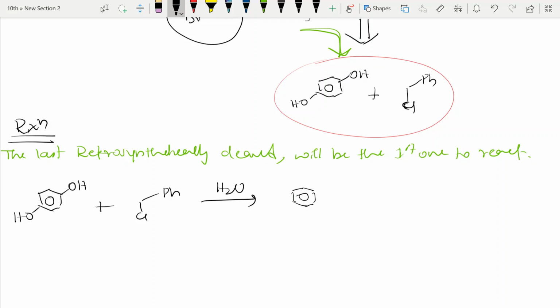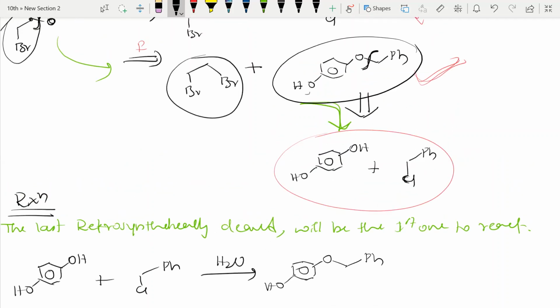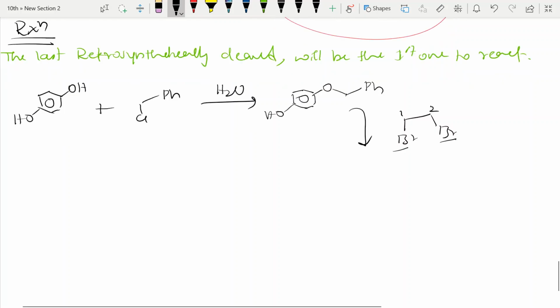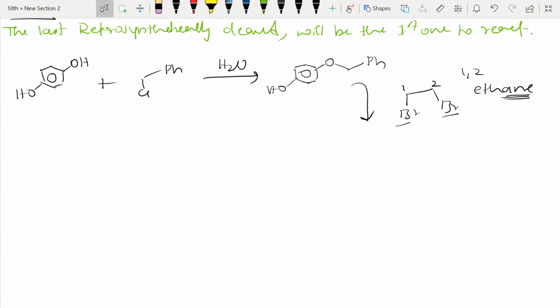See here, O and CH2 Ph. This one we got, right? Further, I am adding 1,2-dibromoethane. Ethane means 2 carbons. Ane means all are saturated, that is an alkane. So these are nothing but 1,2-dibromoethane, right?